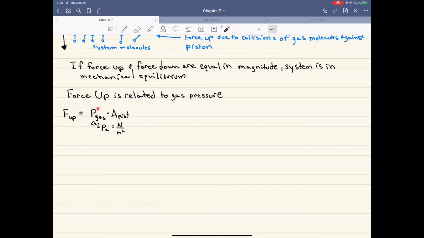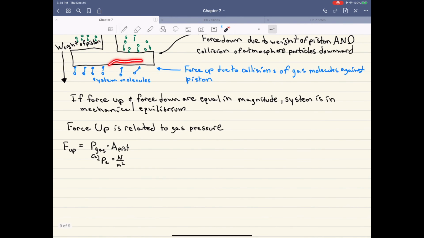So if we multiply the gas pressure times a relevant area, which in this case would be the surface area of the piston, that will give us the force that the gas is imparting on the piston. And so the units that we'll get here will be Newton.